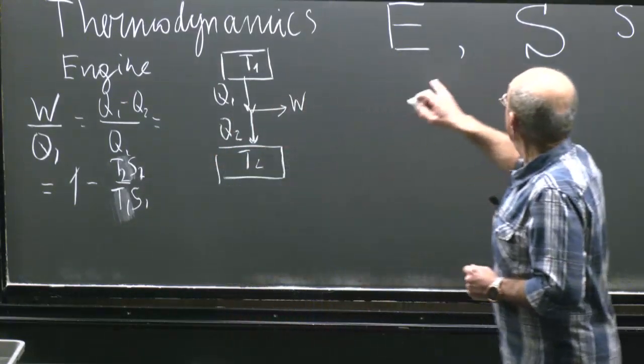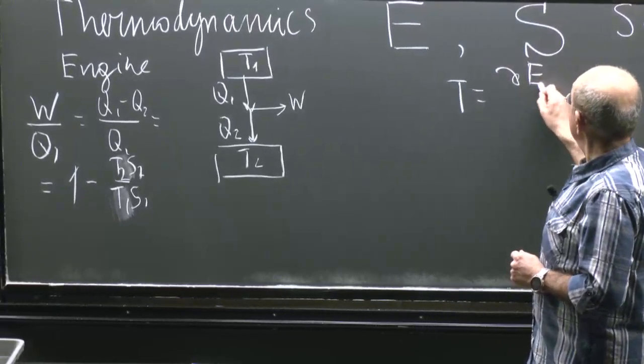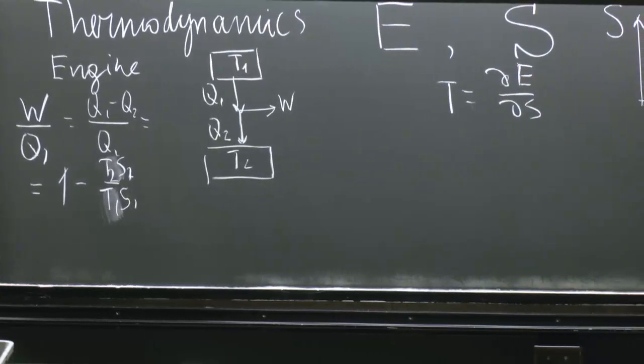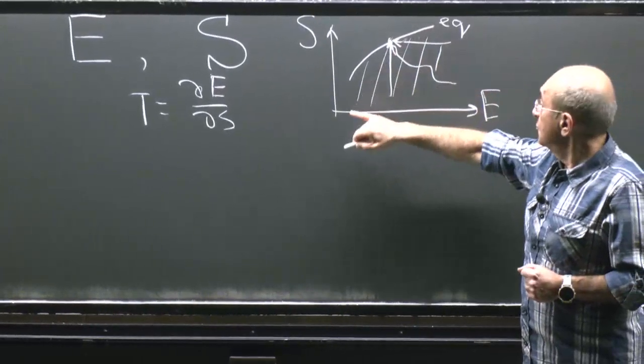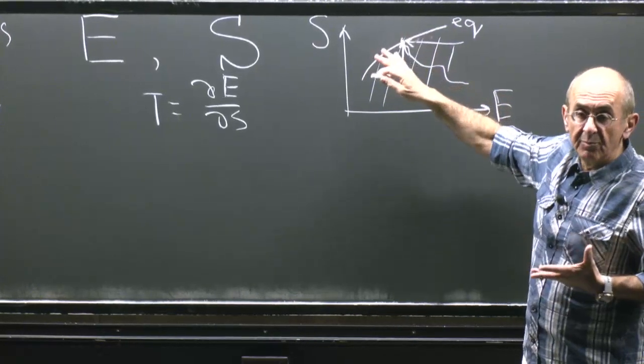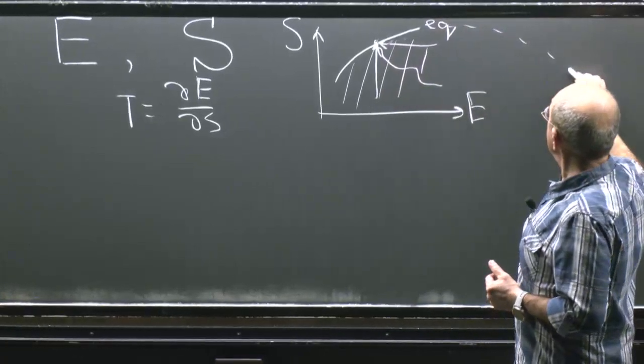And so you define temperature as a derivative of energy with respect to entropy. And it is the convexity of this curve which allows you to introduce temperature for any point, which means the derivative always changes along the convex curve. It could even go down.